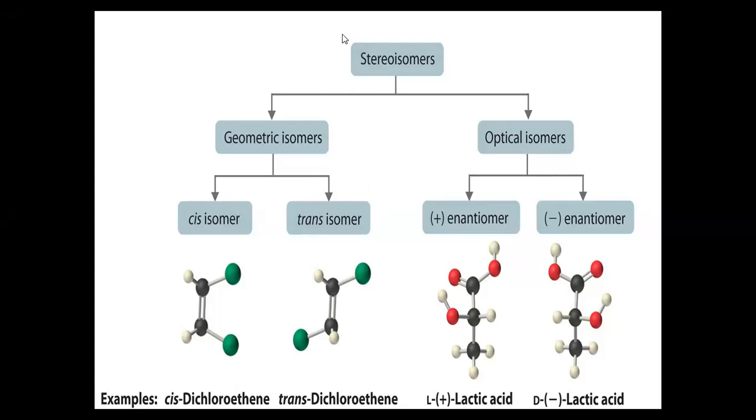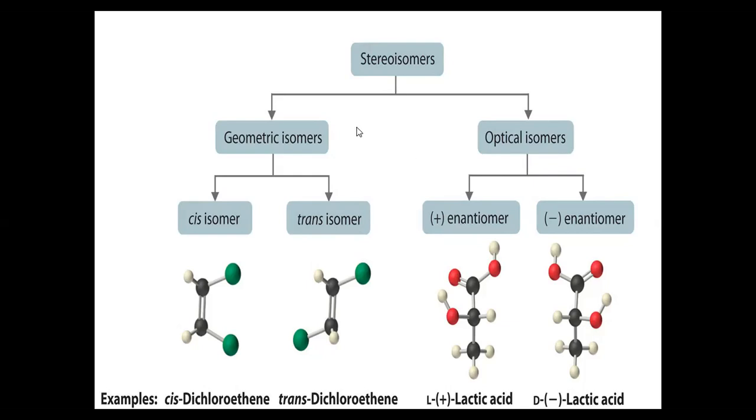The carbon to which the four different groups are attached, that carbon we call a chiral carbon or an asymmetric carbon. So the presence of a chiral center in the molecule leads to molecular chirality.